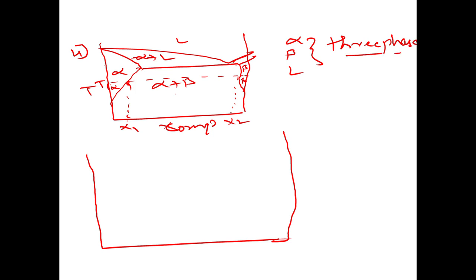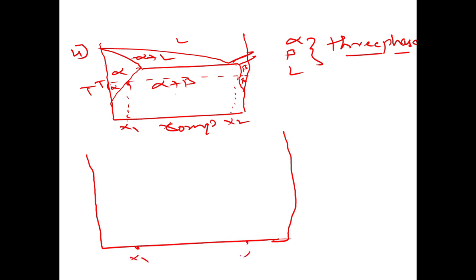Three phases are there, right? So alpha plus beta, and beta, whereas liquid. But this is not another phase, but we have different three phases, a combination of these two phases only. So for that case, up to x1, so just note down the x1 and x2 here.